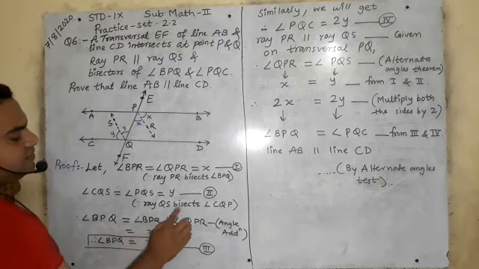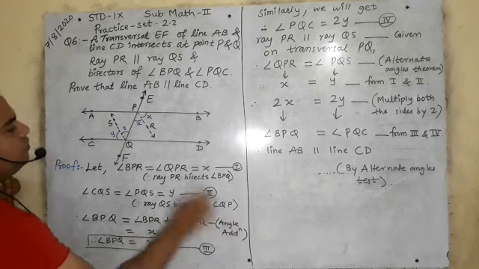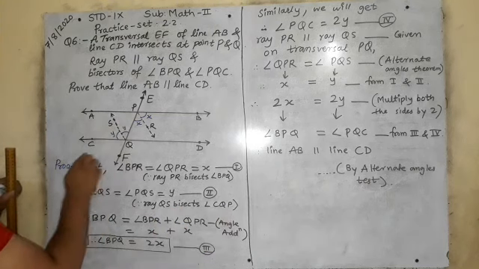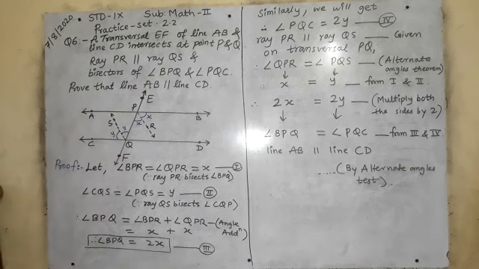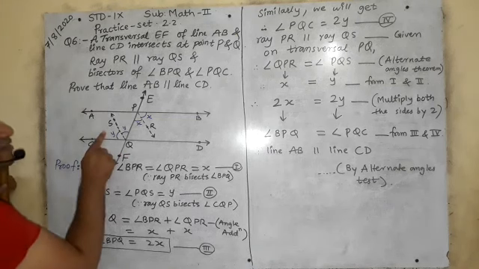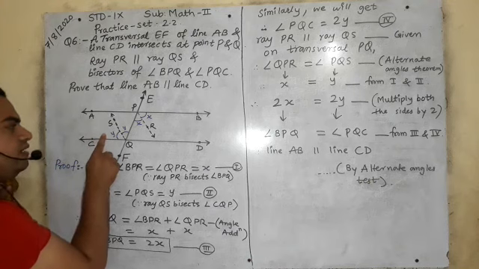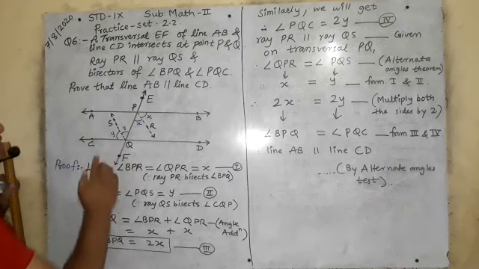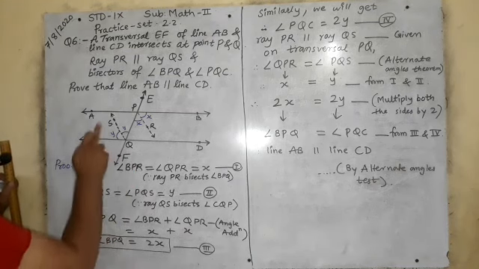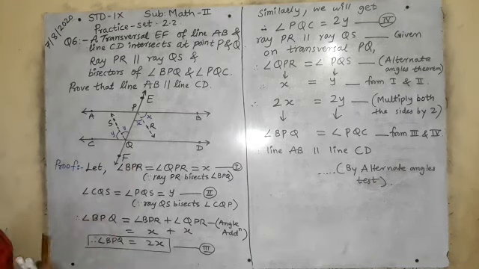Yes, ray QS bisects the angle CQP or PQC. You can say PQC also, you can say CQP also, no problem. Is it clear? So if I consider this angle as Y, this also will be Y. Why? Because ray QS is an angle bisector. What did QS do? It made two equal parts of the angle.